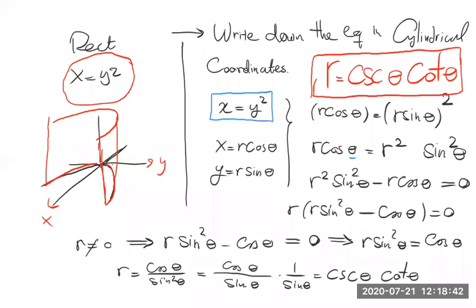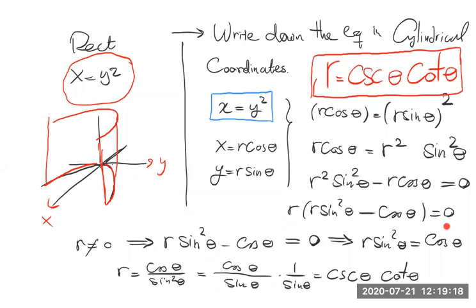Therefore, r cosine of theta would be equal to r squared sine squared. Right? Now, r squared sine squared minus r cosine of theta would be 0. So I can factor r times (r sine squared minus cosine) would be 0.